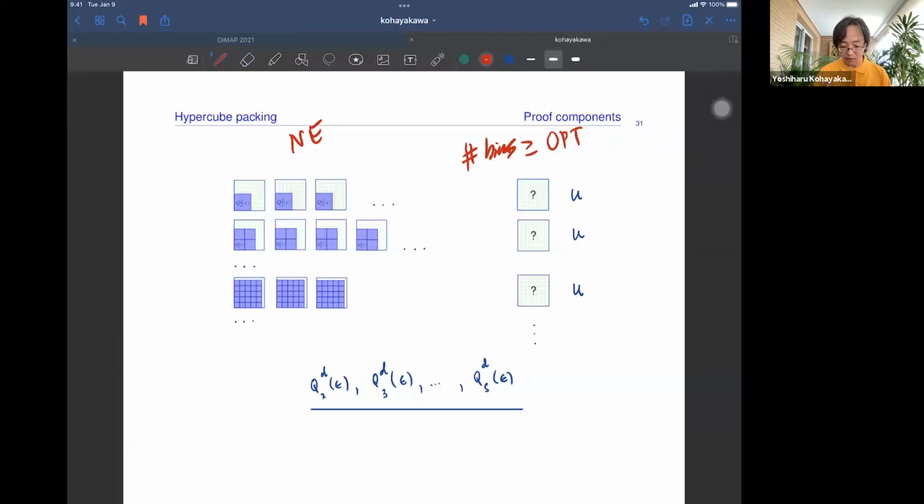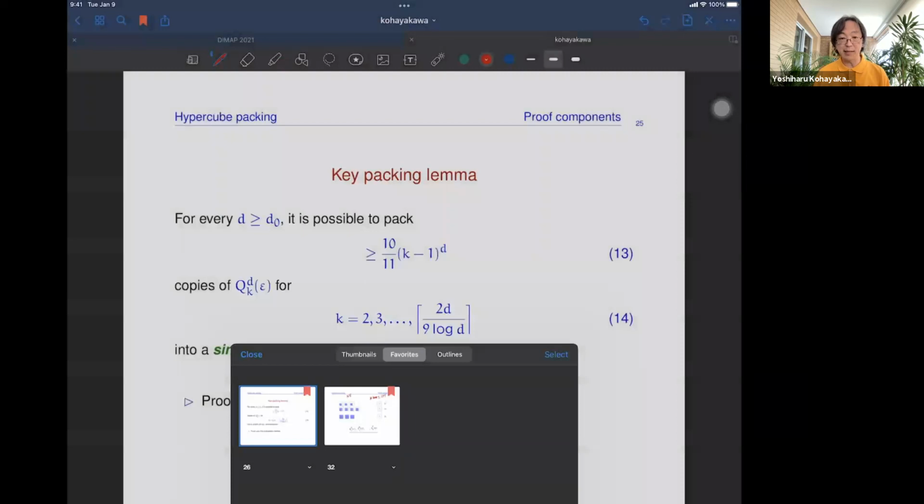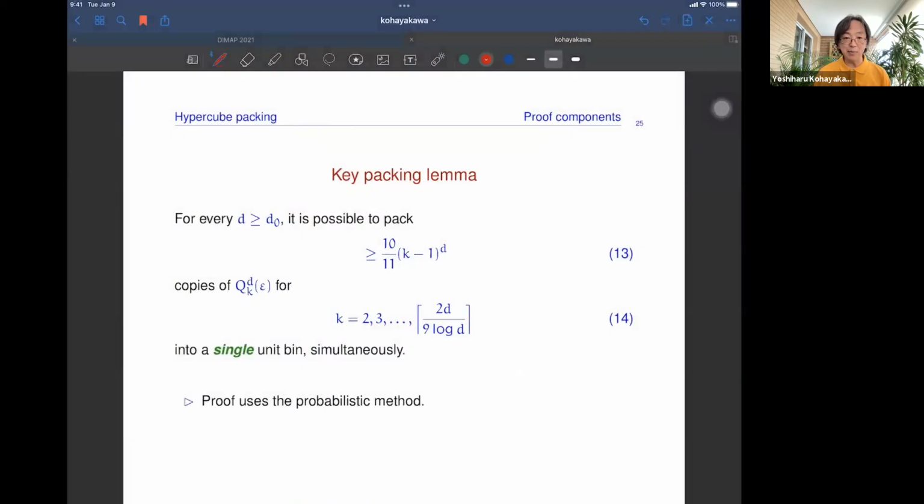I will tell you soon how many of them. But to do that, I have to go back to the lemma. So here's the lemma. This lemma claims that some family of these special hypercubes, QK, can be packed into a unit bin.